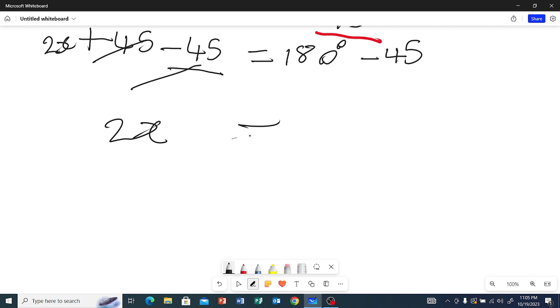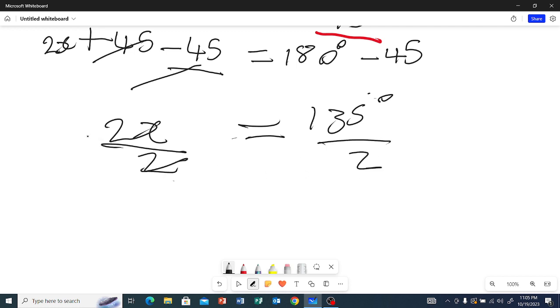Now we have to find the value of x, not the value of 2x. So to get the value of x, you divide by 2 on both sides. The 2s cancel, and x is what remains.